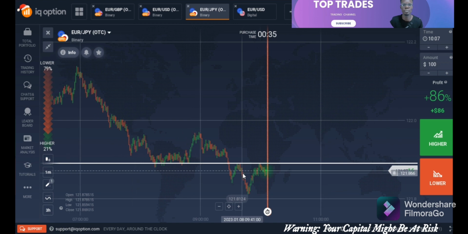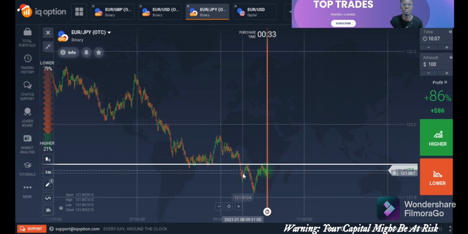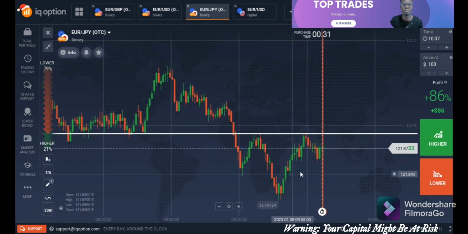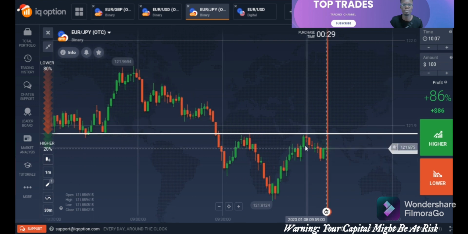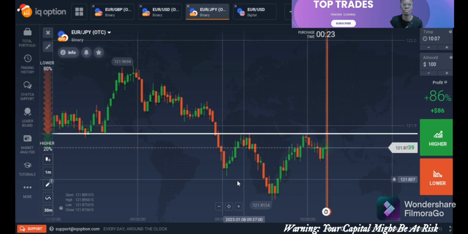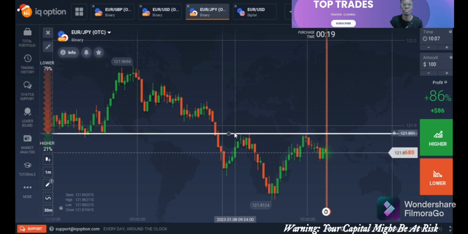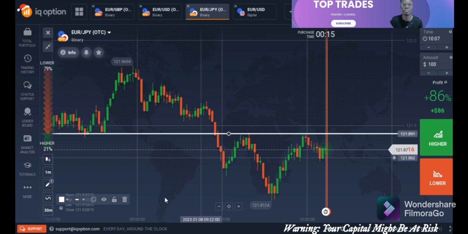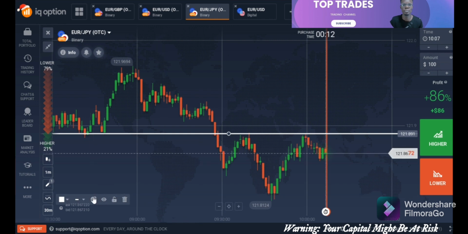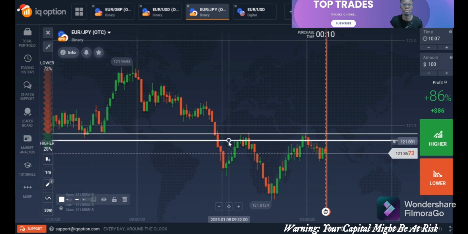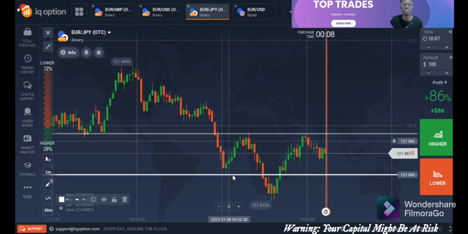So what I'm going to wait for is to see what happens around this area, because I can see a lot of weakness. But this also is a very important level in this market. I'm going to add another.